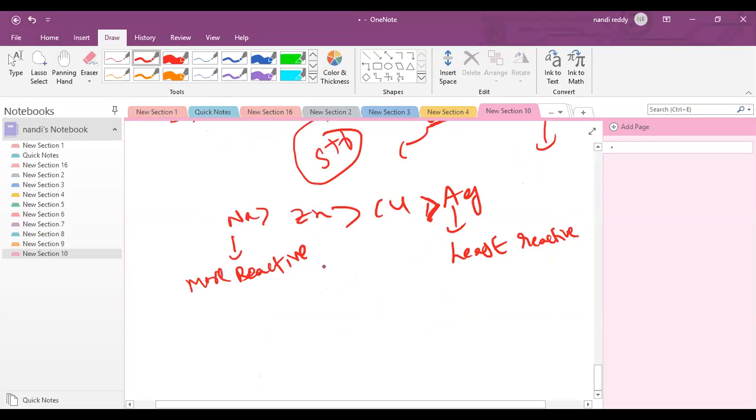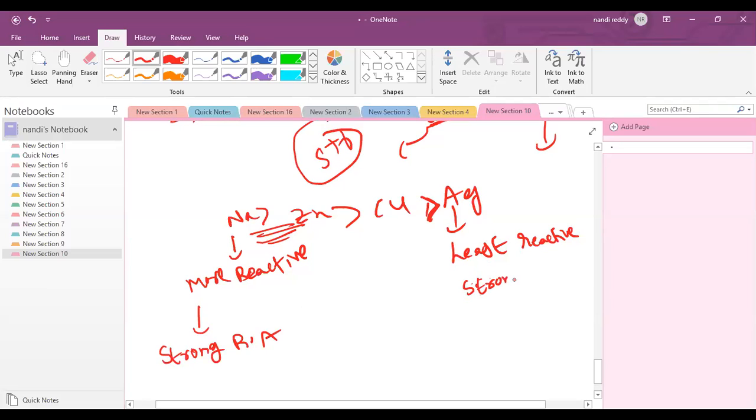Which is highly reactive, that can act as a strong reducing agent. You can note down, sir. Just note down this point, then apply this concept. Which is high reactive, it can act as a strong reducing agent. Which is low reactive, it can act as a strong oxidizing agent.